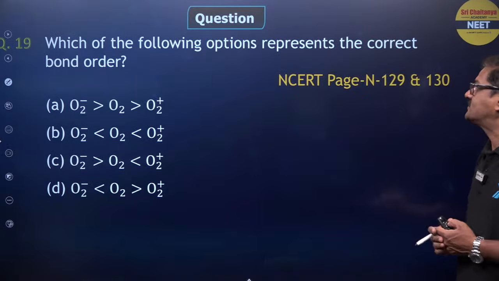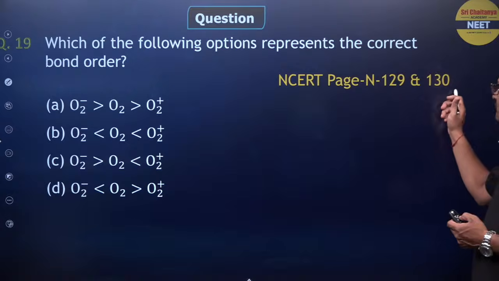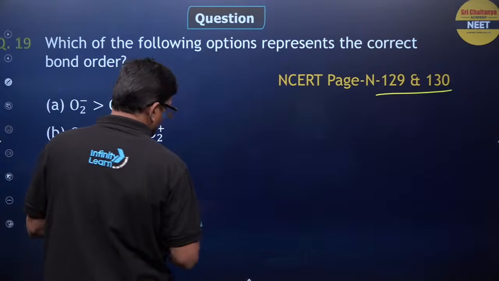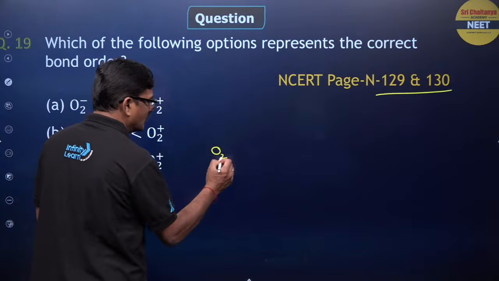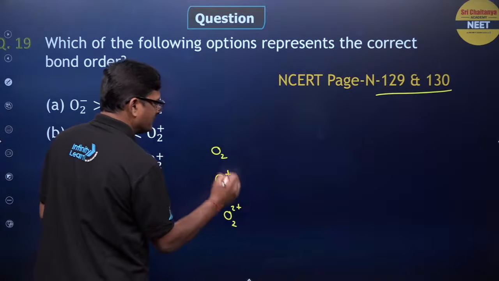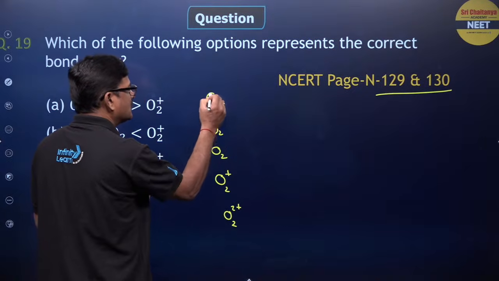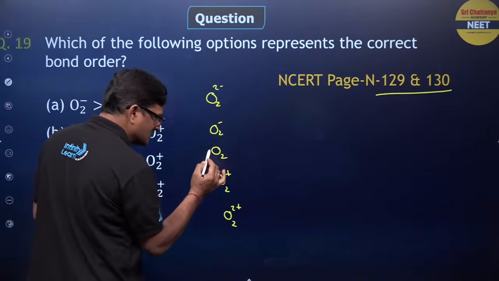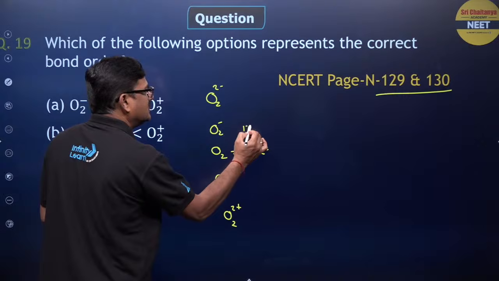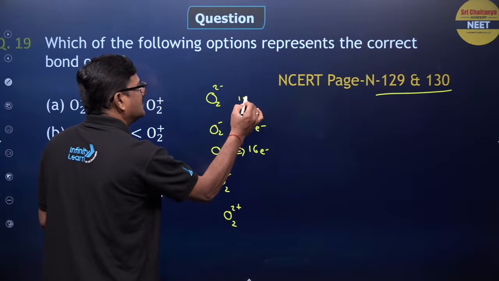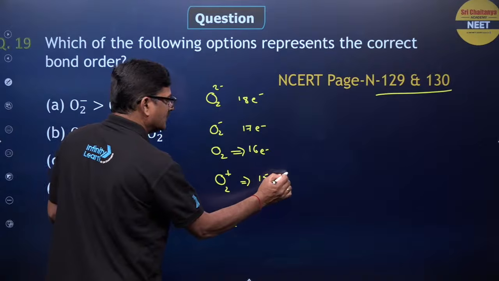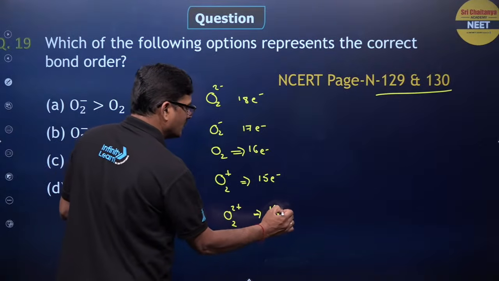And one more question. Which of the following options represents the correct bond order? It is a popular question. You just see O2, O2 plus, O2 2 plus, O2 minus, O2 2 minus. You can see here O2 has 16 electrons, then 17 electrons, 18 electrons, and you can see 15 electrons, and 14 electrons.